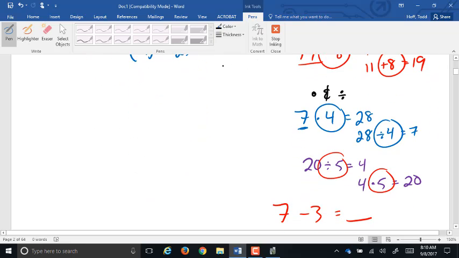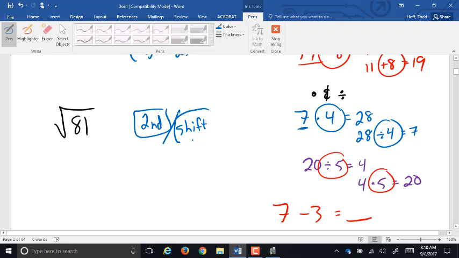So, square root of 81. Again, many of you may know that, but if you don't know it, how do you punch it on your calculator? Most of your calculators are going to require you to do a second or shift. If you have Texas Instruments, it's the second key. I believe your Casios and Sharps use a shift key.